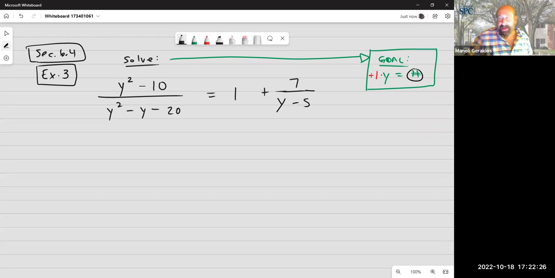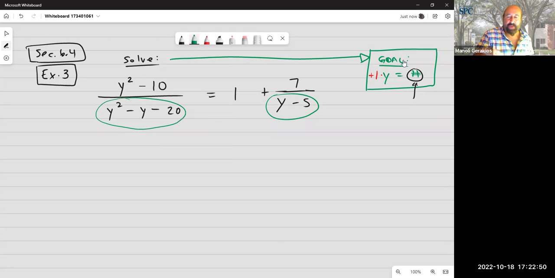Is there any potential solution that would cause any denominator with a variable in it to become a 0? Those are the two denominators in this problem. And I go, I don't know. I can kind of guess at the smaller denominator, never let y equal 5. Some of them are easy to deduce, but I don't know about y squared minus y minus 20.